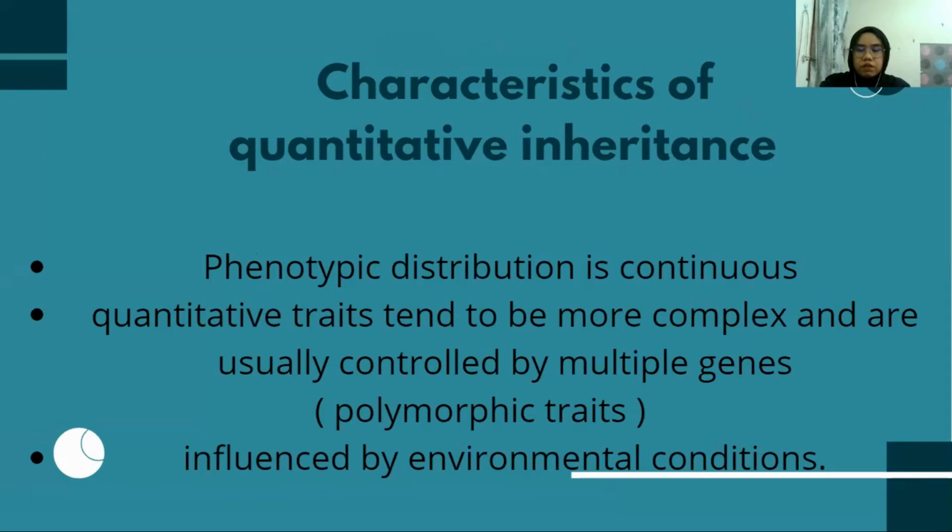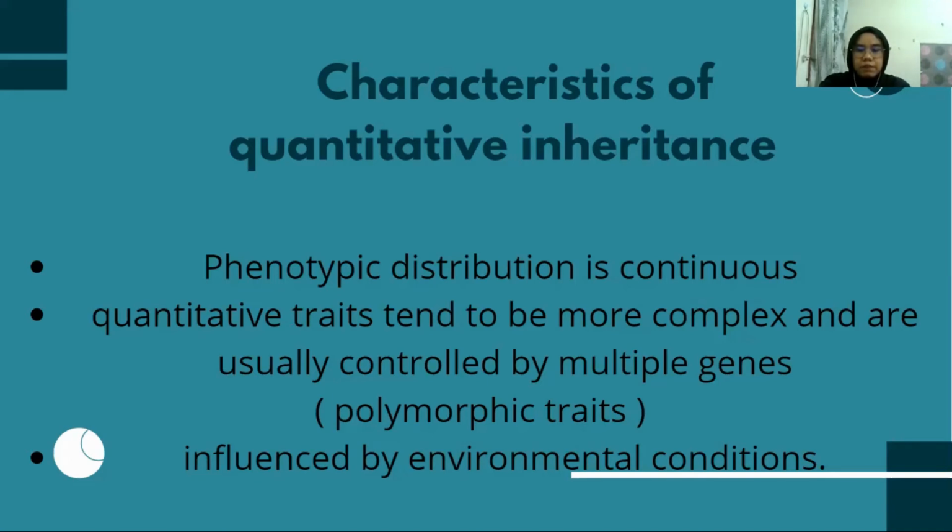It is because quantitative traits data is continuous and not discrete values. We can see that quantitative trait distribution shows a continuous range of variation and phenotypes can take any value. Next, this quantitative trait is a complex mode of inheritance, or we can say polygene.